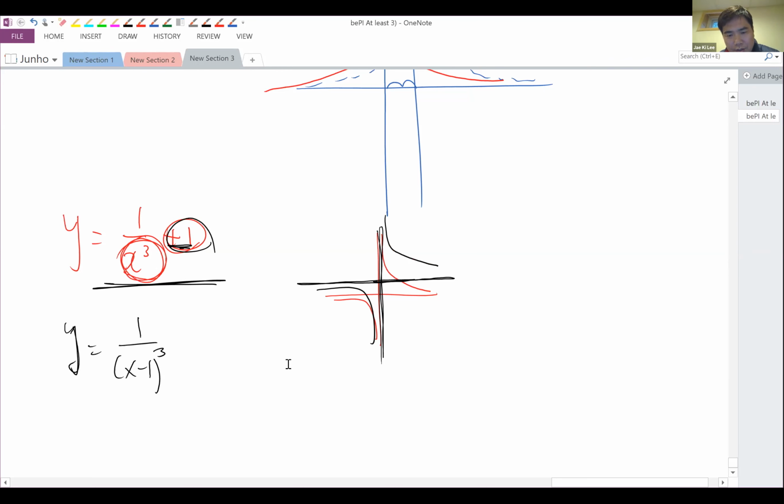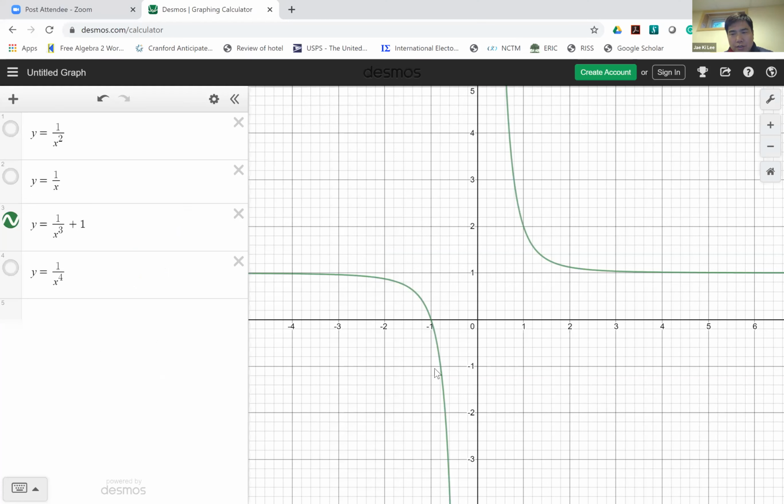Okay, let's double check here. Yeah, you're right. As you see, 1 over x cubed plus 1 still has the vertical asymptote x equals 0, but it never passes through y equal to 1 either, right? Can you see my screen? So we have exactly the same vertical asymptote.